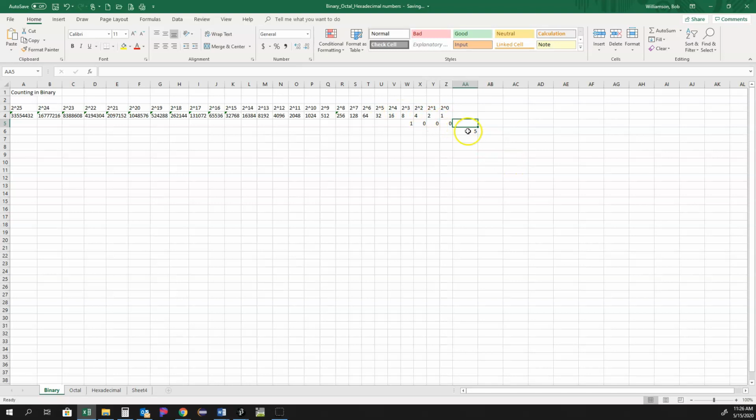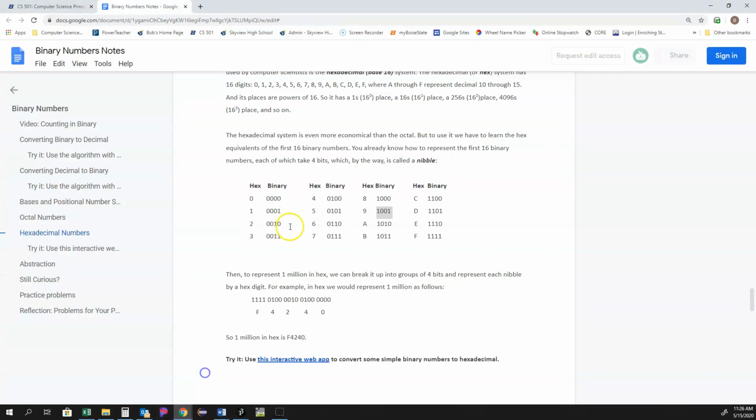If we look at this, making sure that everything lines up, that's going to be 8 plus 001, which is 1. So that would be 9. So 1001 is in fact 9.